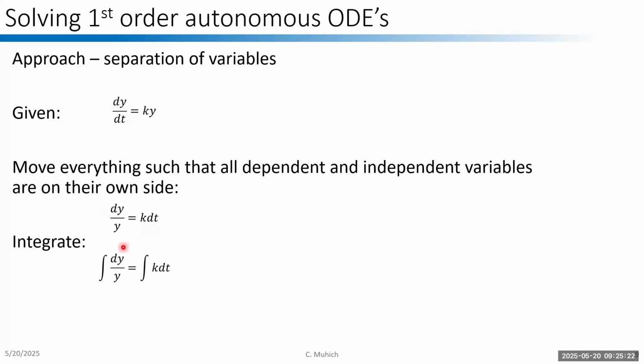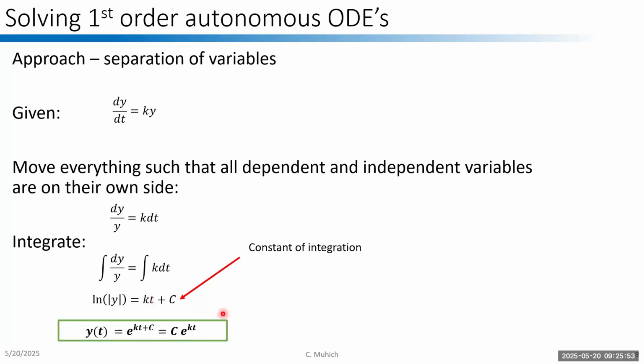Then I can just integrate both sides. I end up with the natural log of y is equal to kt plus c. This constant must be here, right? We're taking an indefinite integral, so I don't get to remove that constant. This is our constant of integration. I can combine the constants of integration from both sides into one constant, because one constant minus another constant is just a constant.